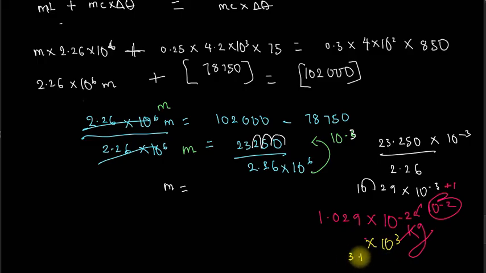We have 3 plus minus 2. That is 3 minus 2, which is 1. That is 10. So our final answer is 10.29 gram. So a small quantity of water actually boiled away.